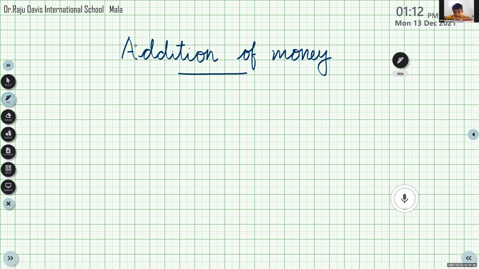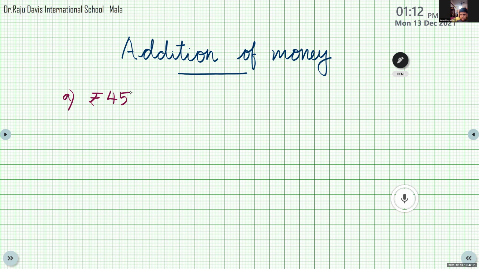So here we have the first question. 45 rupees 50 paisa and 32 rupees 20 paisa.